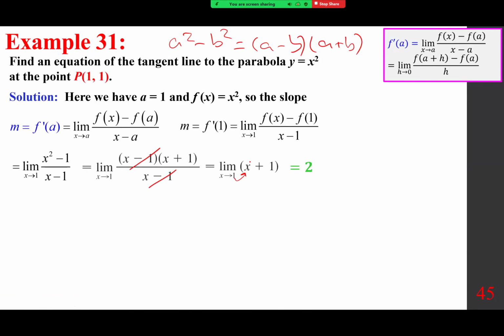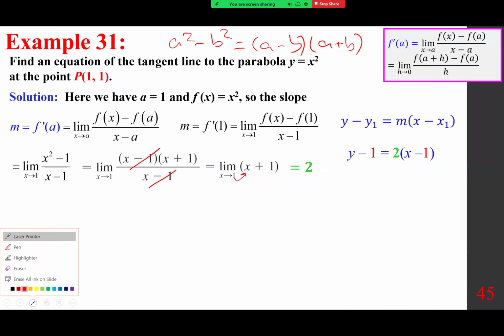The rest is basic elementary algebra. y minus y1 means y minus 1 equals m times x minus x1, so 2 times x minus 1. You distribute the 2, and then you move the negative 1 and you get y equals 2x minus 1.